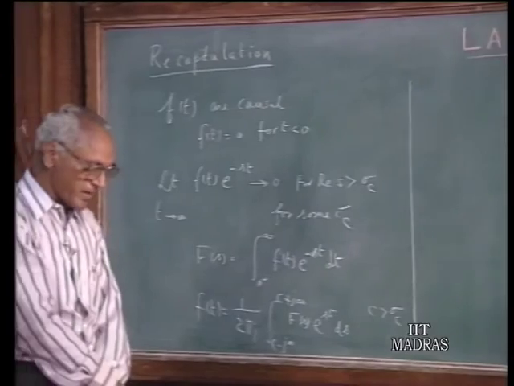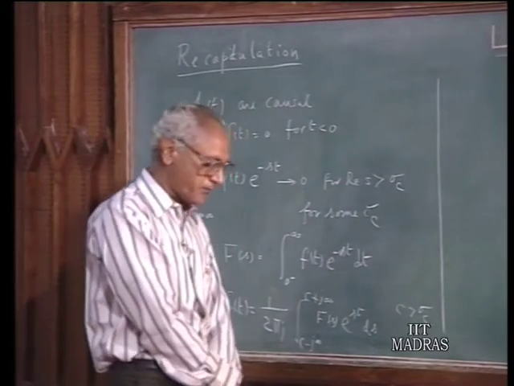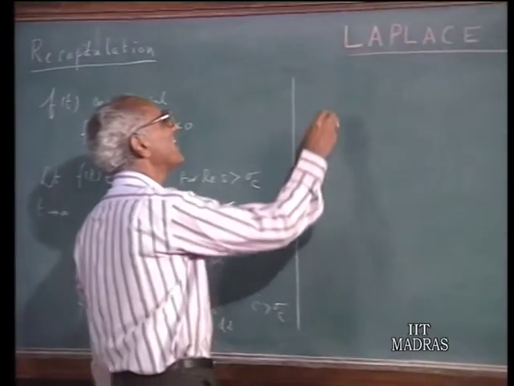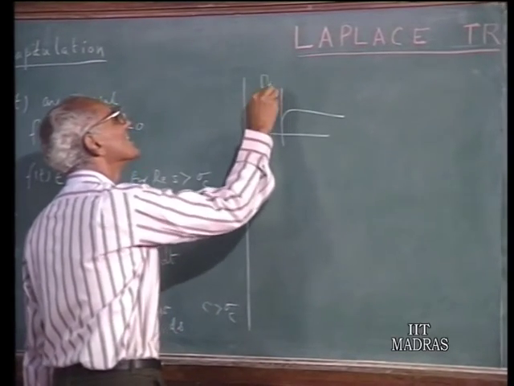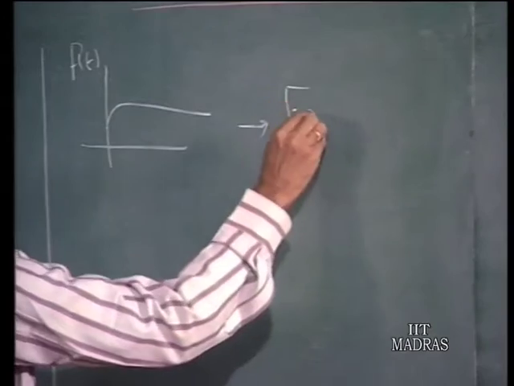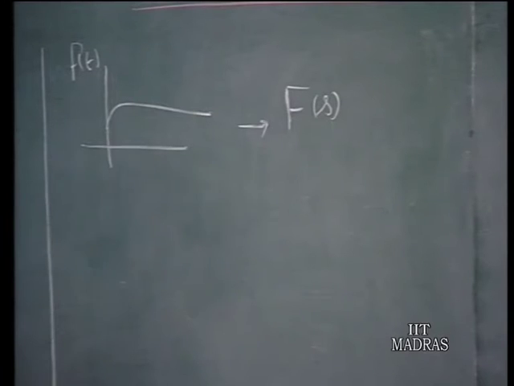Now, as a result of this, the Laplace transformation that we get is usually a rational function for the type of functions of time that we consider. So, for the given f of t that we are having, we have an f of s which is a rational function, and by rational function we mean the ratio of two polynomials in s.